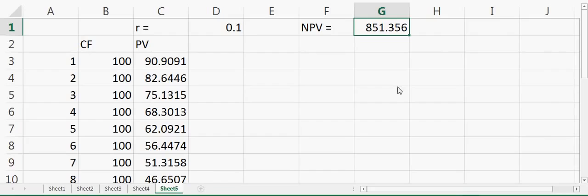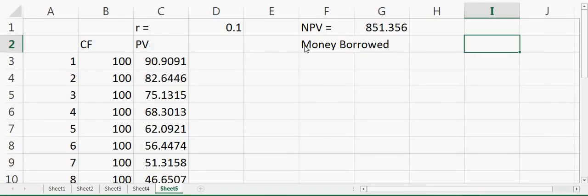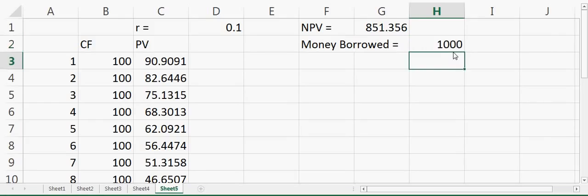So let's say money borrowed is $1000. Somebody borrows 1000 from you. How much payment should he make every year for the next 20 years? So how will we go about it?